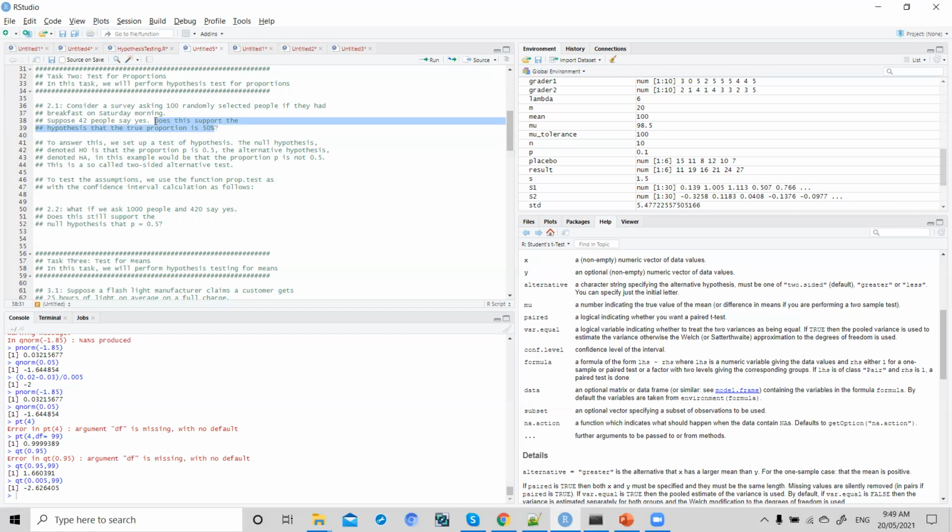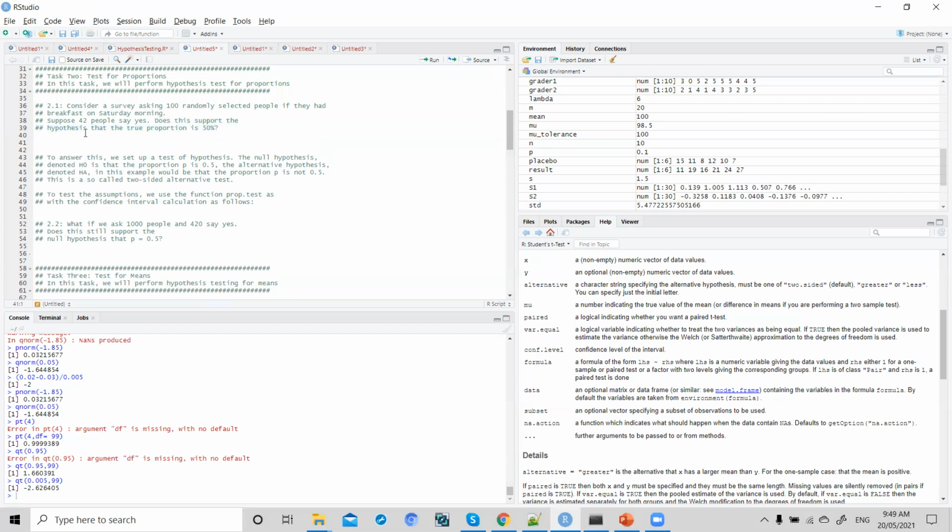Right now, if you look, you will say that 42 people out of 100, which is less than 50%, so it will definitely not be. But to prove this, we do statistical testing. Statistical testing also works when numbers are very close.